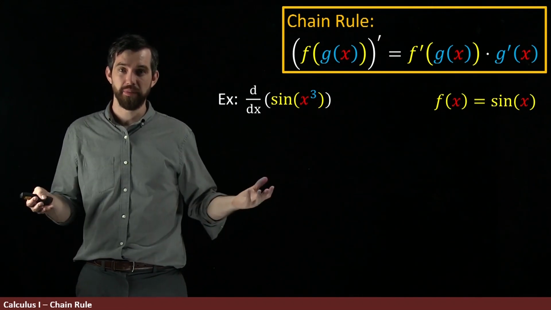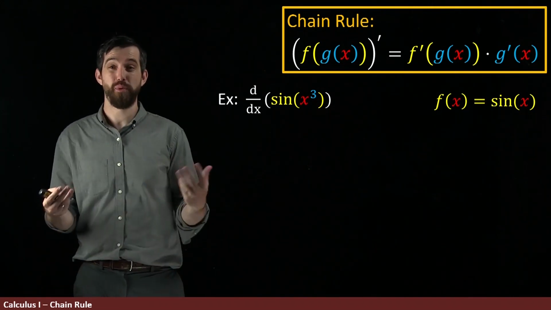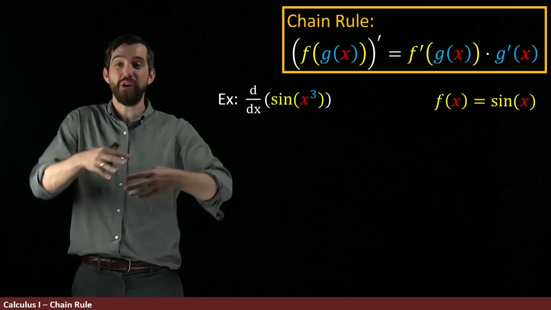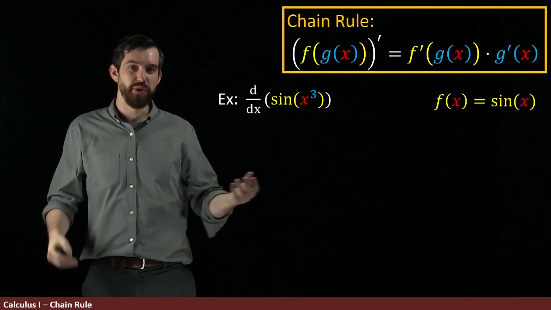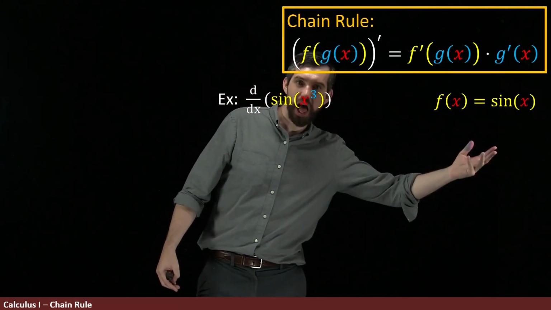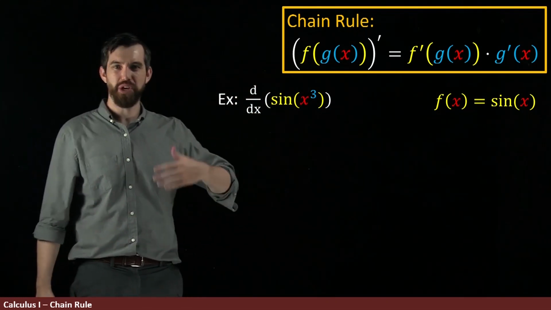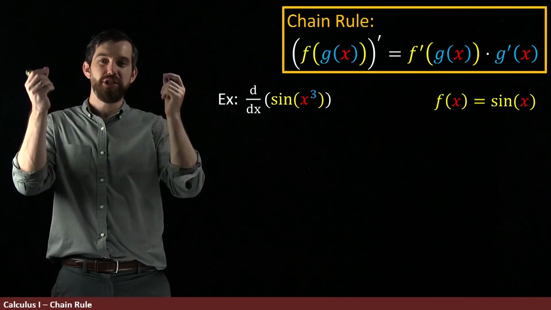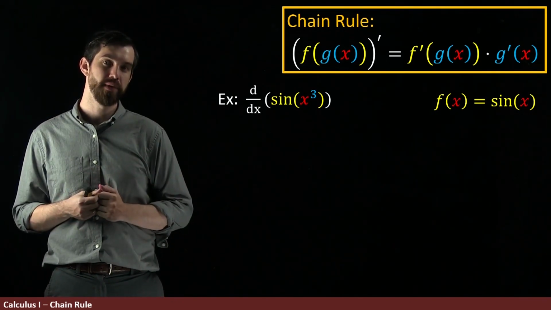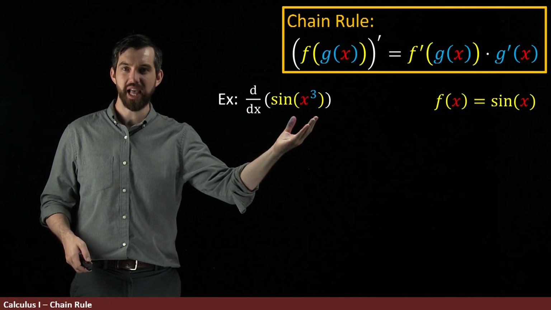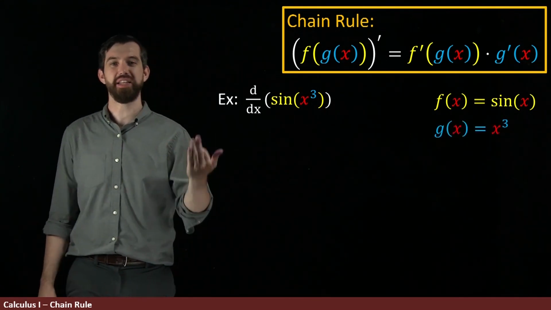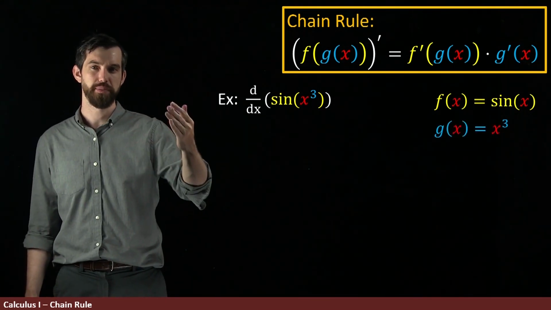It could be anything. In particular, one option for what the x could be is the entire output g of x. So in other words, f of g of x would be sine of g of x. So when I write down f of x equal to sine of x, I'm just saying what the f part of it is. Likewise, the g of x, that's the inside, is going to be x cubed, so g of x is the x value cubed.